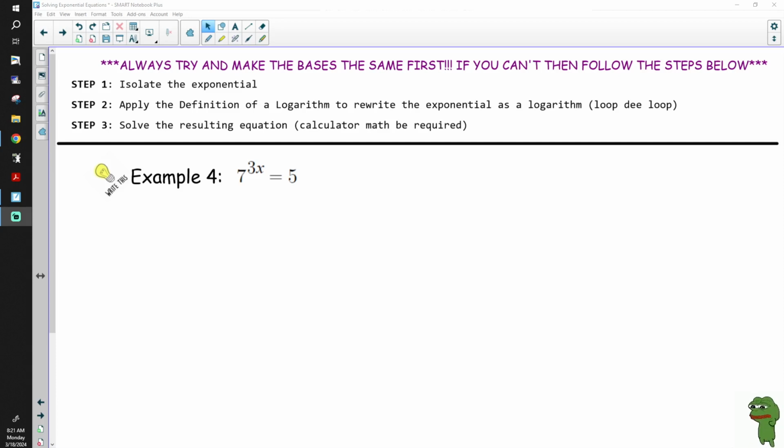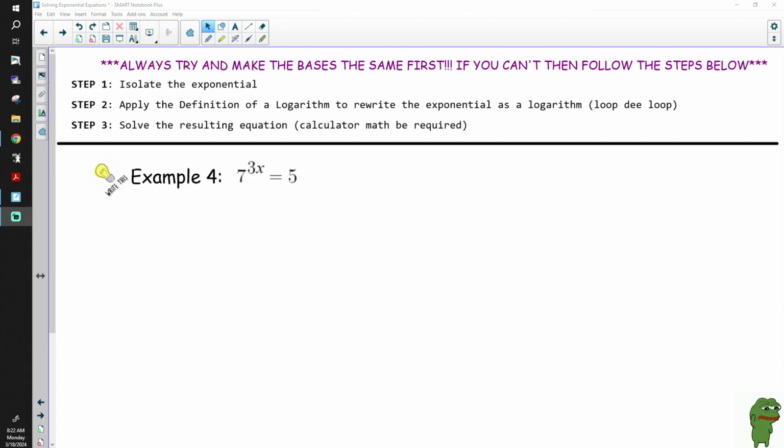Can you rewrite the bases to be the same in this problem? You can't, right? There's nothing we can do to get the left base and the right base equal to each other. So we can't just cross out our bases and drop the exponents like last week. We can't do that. So we need a new way of solving these when this happens.